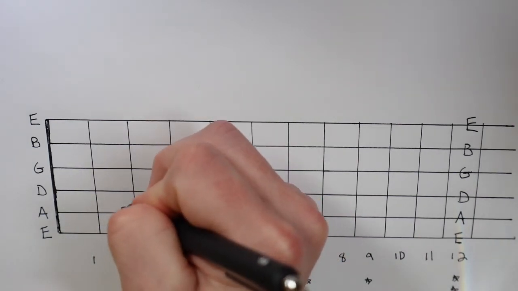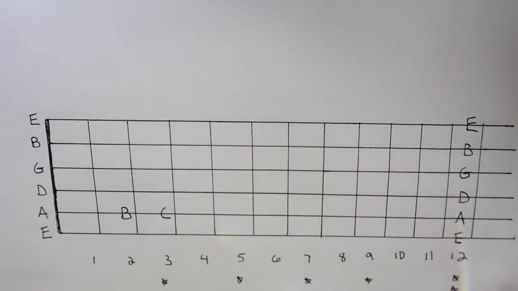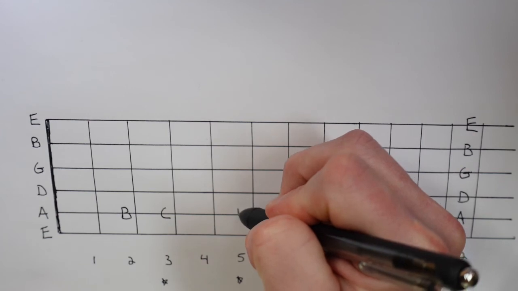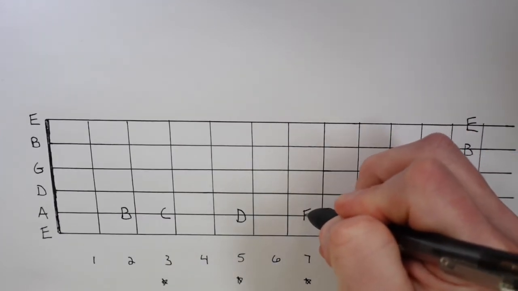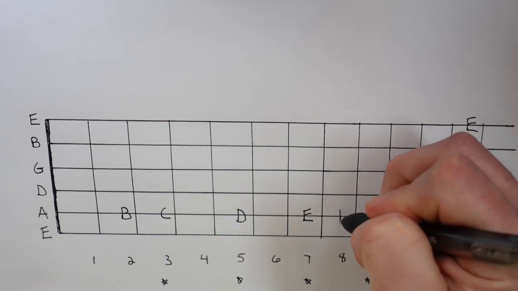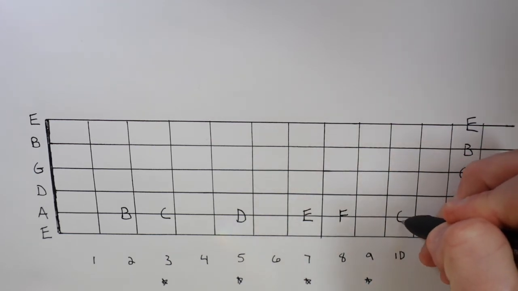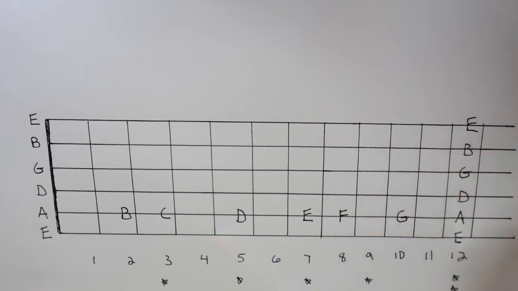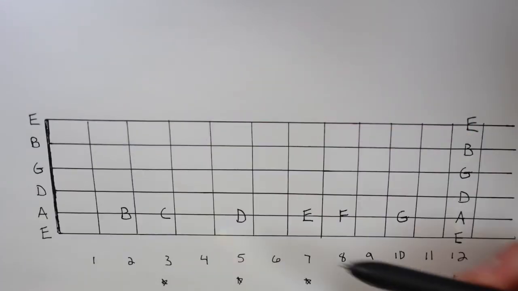is going to be a B, fret 3 is a C, remember 5 is a D, 7 is E, 8 is F, 10 is G, and we already wrote in our octave there for our A. Okay, so that was the first thing we did, and then we learned that we can find these on the D and the G strings as well.